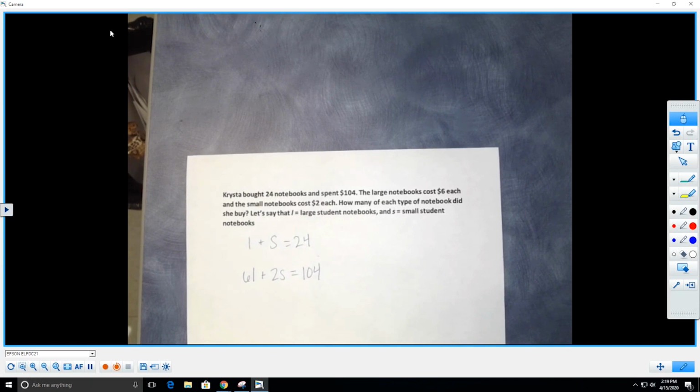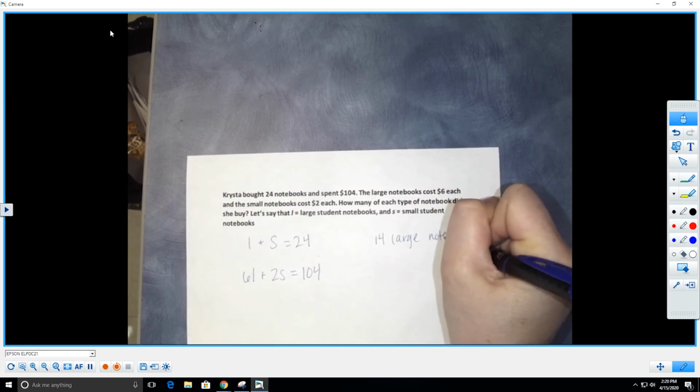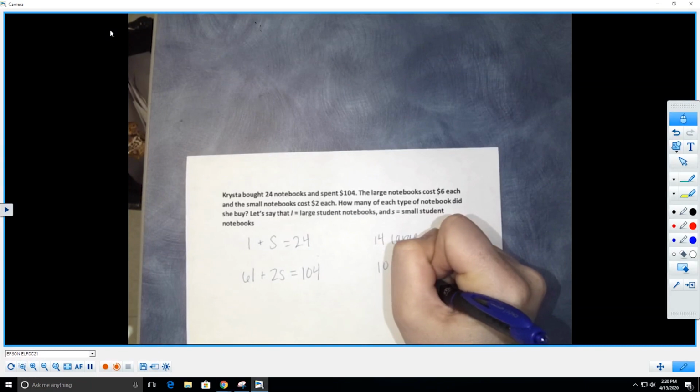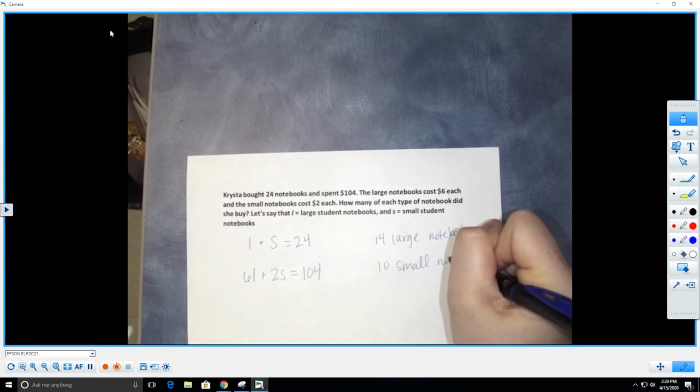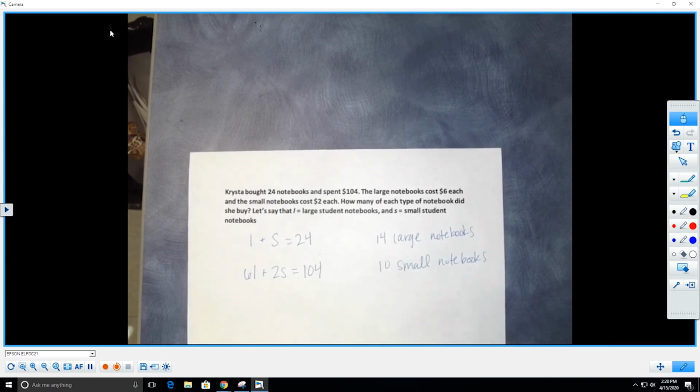So how many of each type of notebook did she buy? So if you got that she has 14 large notebooks and 10 small notebooks, then you are correct. Great job.